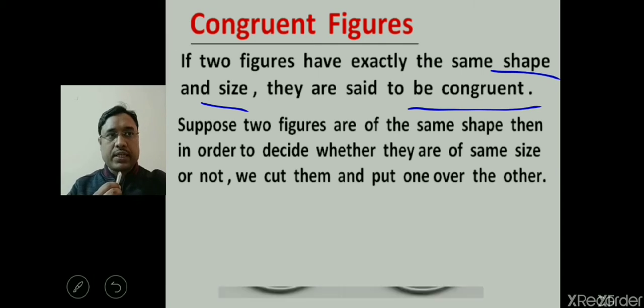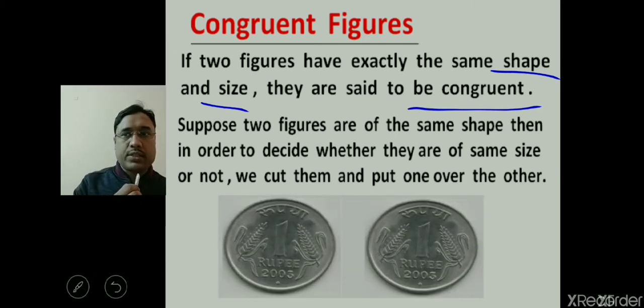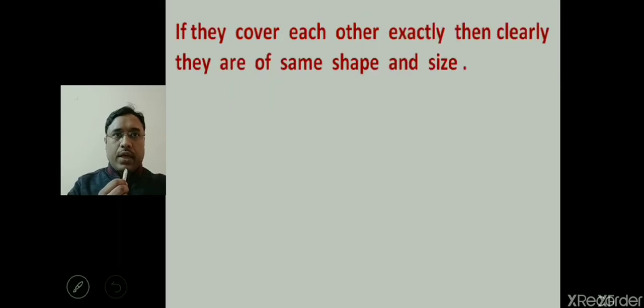Superpose, we can say. So suppose here you can see two coins. These two coins are of the same shape and same size. Their size and shape both are the same. So you can say that these two coins are congruent figures. If they cover each other exactly when you put one over the other, then clearly they are of the same shape and size.